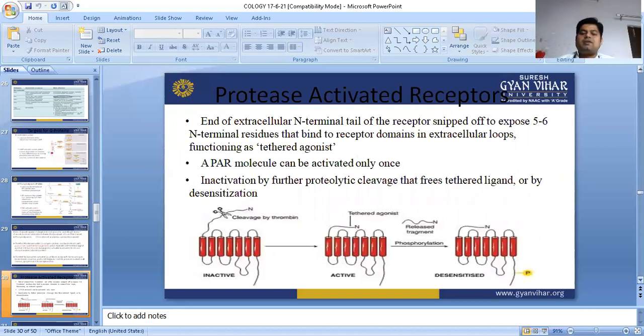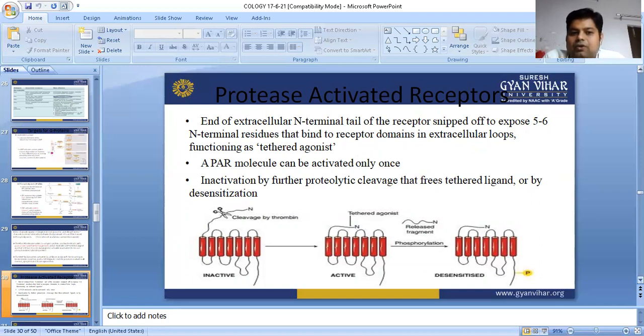Now the protease activated receptor. In the protease activated receptor, the extracellular N terminal of the receptor is snipped off to expose a new N terminal that binds to the receptor domain in the extracellular loops, acting as a tethered agonist.